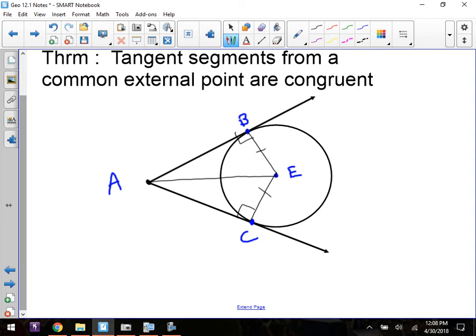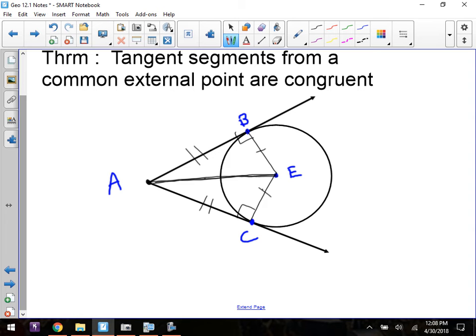Which allows you then to get, this is reflexive here, isn't this hypotenuse leg? Which then means that you've got your external tangents would be congruent because of CPCTC. So this is why all of this stuff comes around, is because of all the stuff that we've learned before.